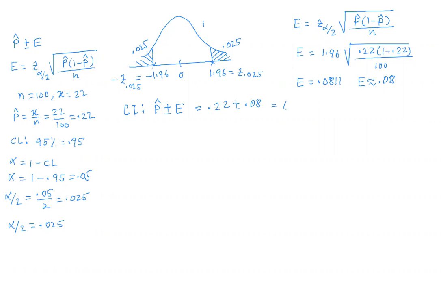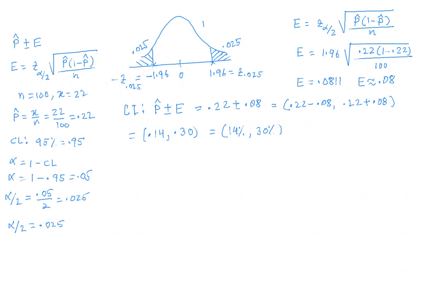That is going to be equal to 0.22 minus 0.08, comma 0.22 plus 0.08. 0.22 minus 0.08 is 0.14, comma 0.22 plus 0.08 is 0.30, which is, by the way, between 14% and 30%.